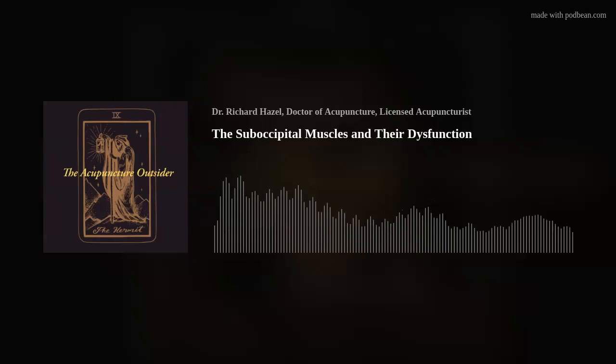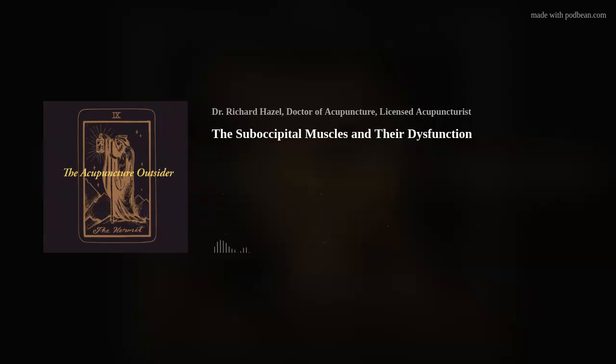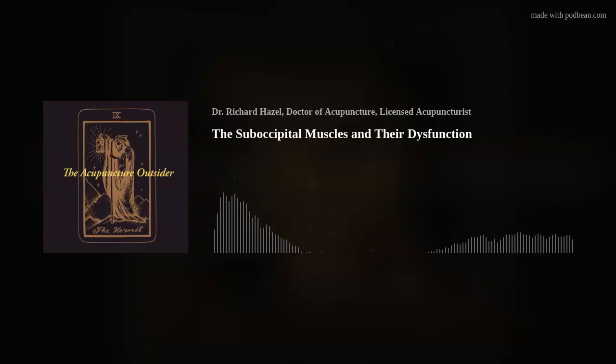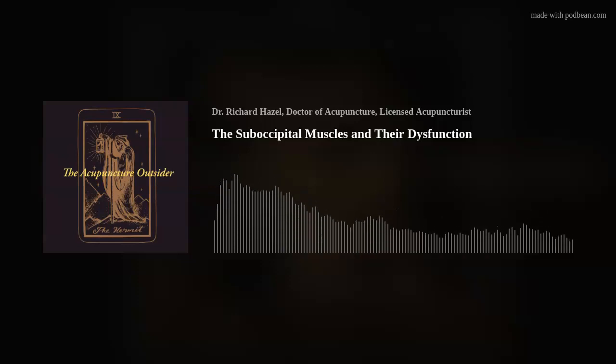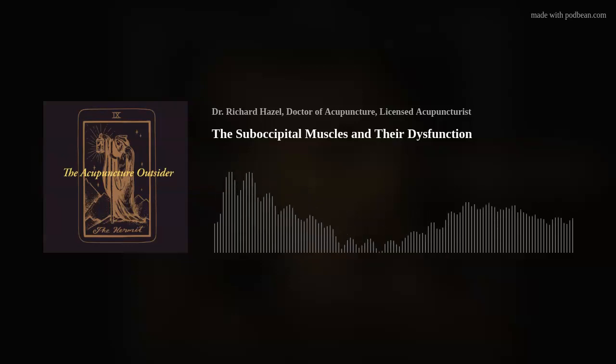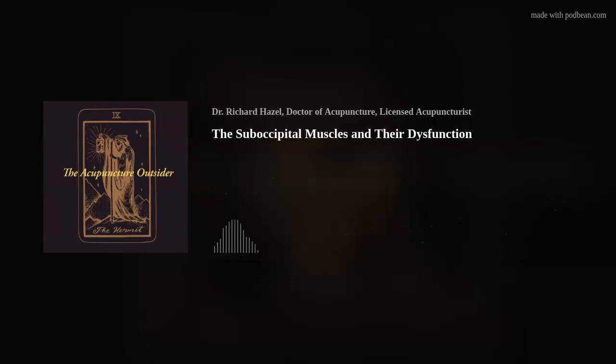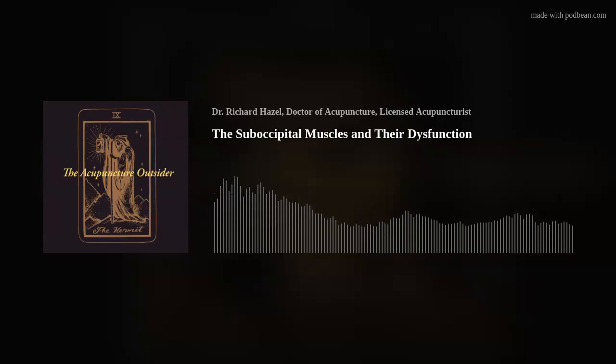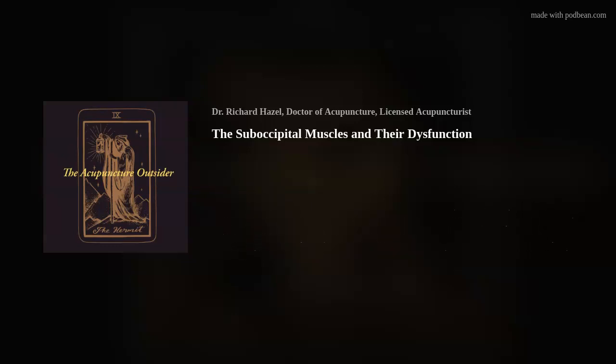If you find that axis and then you come off to the side, you will be pushing on the semispinalis capitis muscle. And then if you go just a little lateral to that, and you dig your finger in kind of hard into the side of the semispinalis capitis, you should be able to feel this angled muscle that is the rectus capitis posterior major.